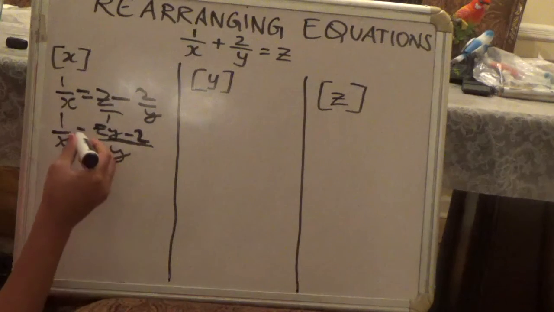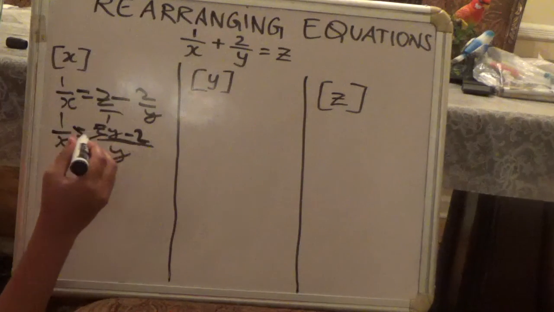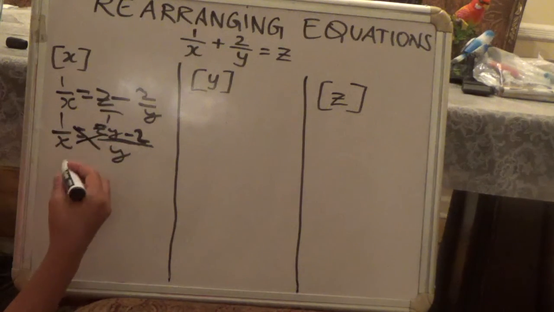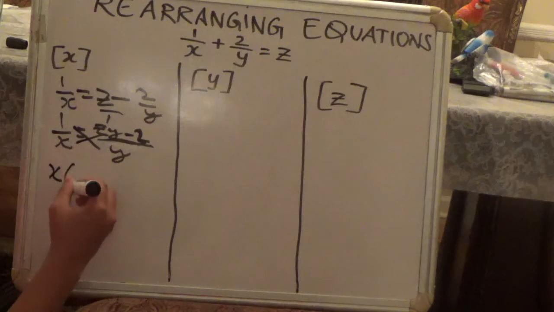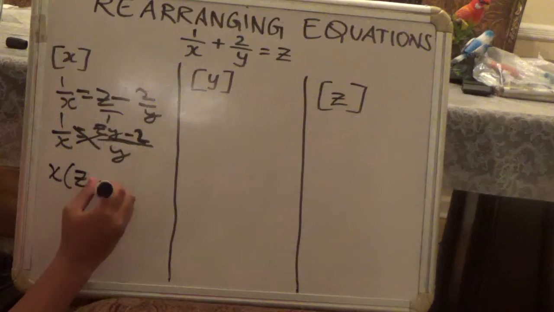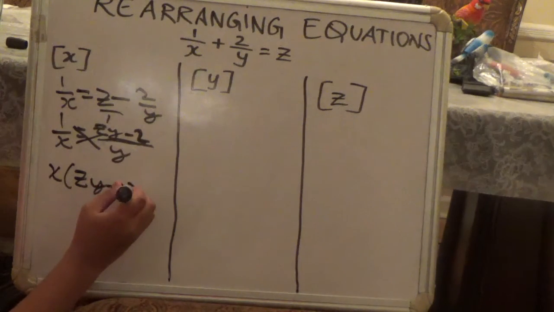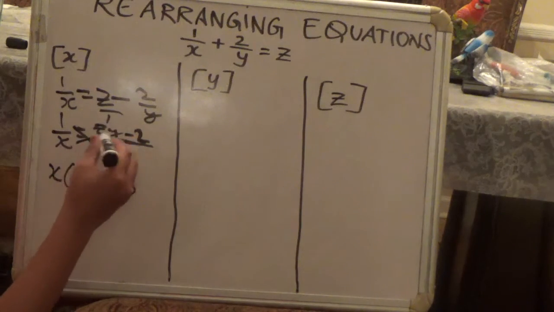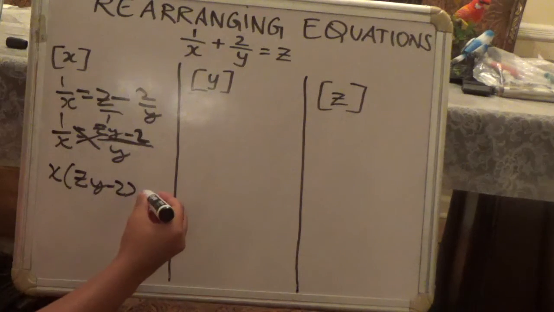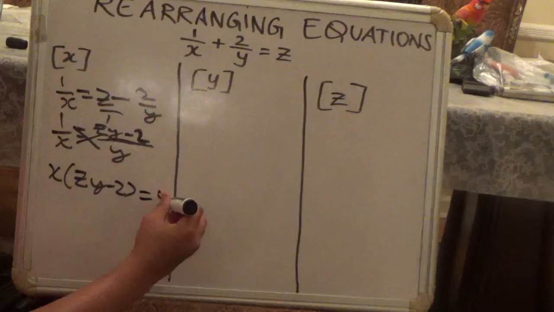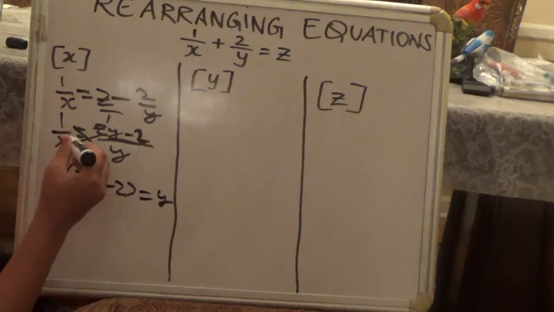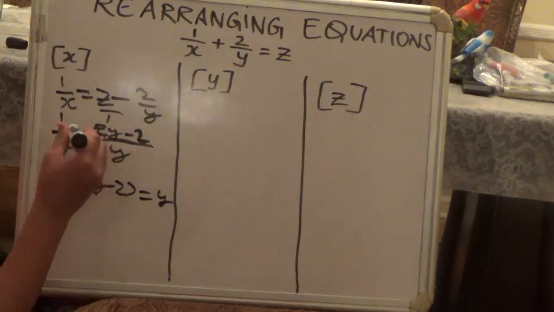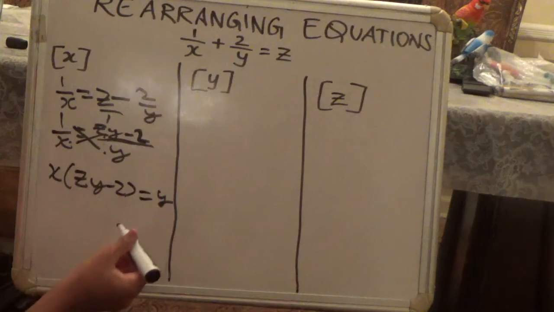Now, we cross multiply. What you do here is x times zy minus 2. So that's for one side, right? x times zy minus 2 equals y, since you multiply from left to right. You get the idea.